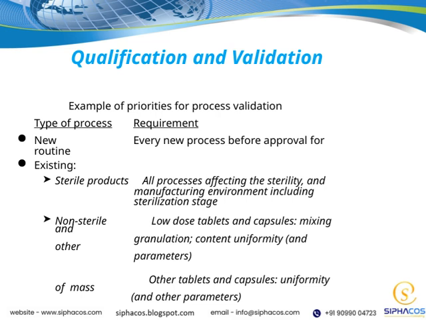Here, the key parameter is the uniformity of mass, along with other relevant quality attributes. Validating these processes ensures each tablet or capsule meets the specified quality standards, maintaining consistency across batches. Overall, understanding these different priorities helps us tailor our validation activities appropriately, ensuring quality and compliance across all product types.